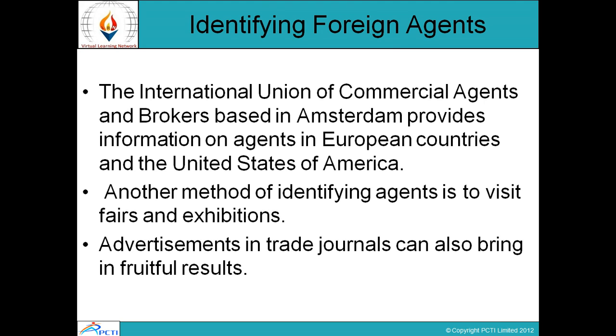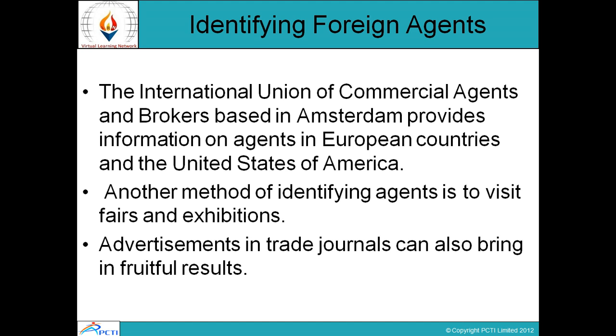Now, how to identify foreign agents? The International Union for Commercial Agents and Brokers, based in Amsterdam, provides information about agents located in European countries. There are other methods of identifying agents, like visiting fairs and exhibitions.